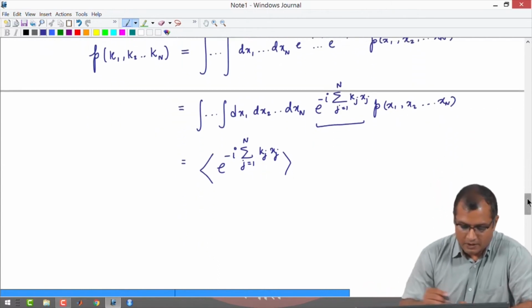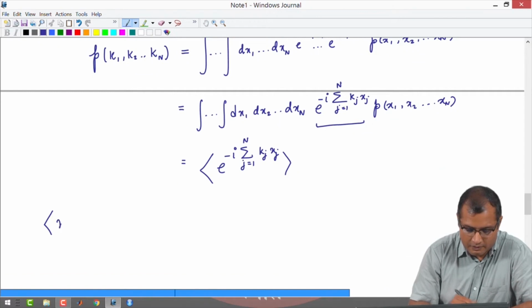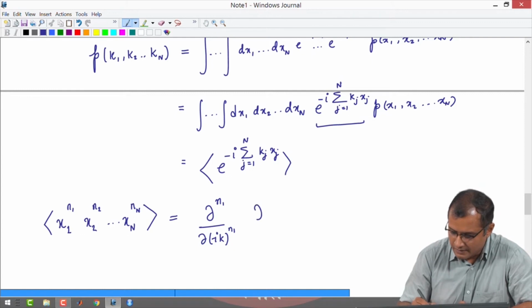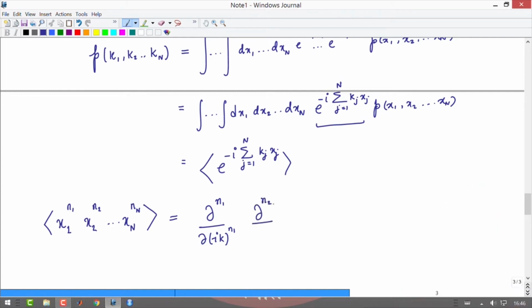Now if you want to find out the joint moment of x1 to the power n1, x2 to the power n2, all the way to xn to the power nN, then this is nothing but these successive derivatives: d n1 over d of minus i k1 to the power n1, all the way to d nN over d of minus i kN to the power nN, of my characteristic function.